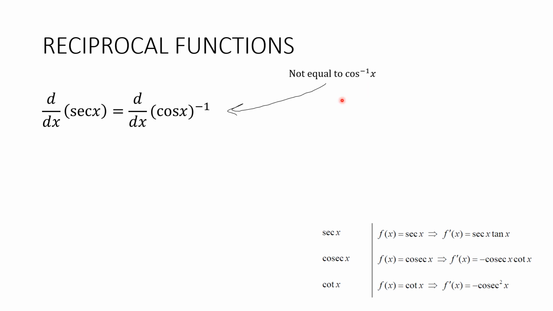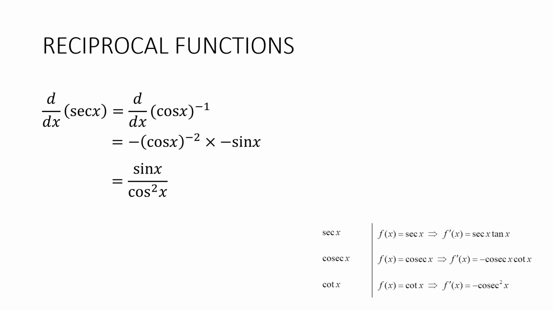This is inverse cos or arc cos. Right, back to here, this is a chain rule. We bring the negative 1 down, cos x to the power of negative 2 times by the derivative of the inside function, which is negative sin x. And tidying that up, I end up with sin x over cos squared x, which I can write as sec x tan x.